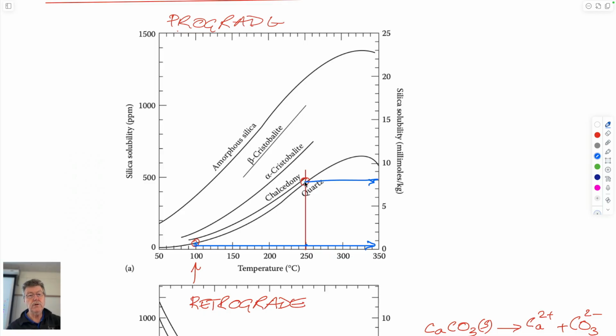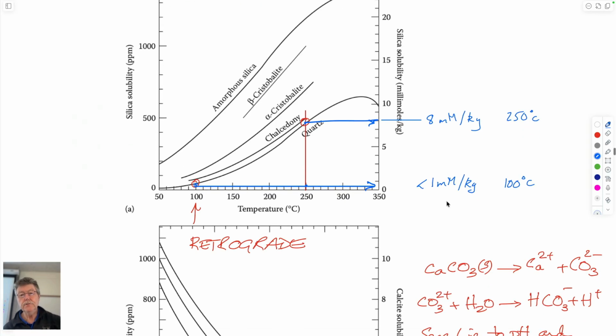So for quartz in a reservoir at 250 degrees centigrade, this would be 8 millimoles per kilogram. But if we change the temperature to 100 degrees centigrade, it only takes something like less than 1. So a millimole is a mole times 10 to the minus 3, at 100 degrees centigrade.